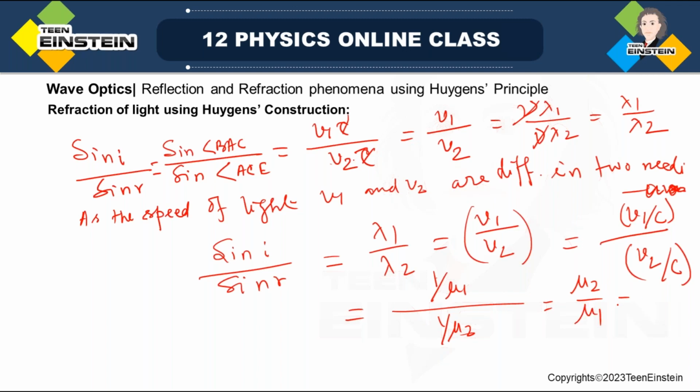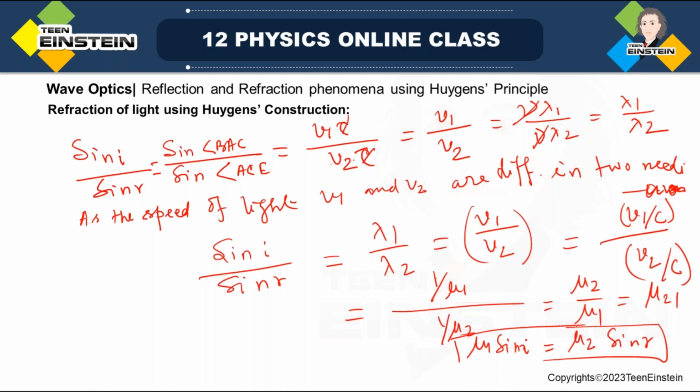So if we write in terms of relative one, mu 2 1, this is what we get. So sin i by sin r is equal to mu2 by mu1. So you can see mu1 sin i equals mu2 sin r. This is Snell's law. So this is what we have proved here.